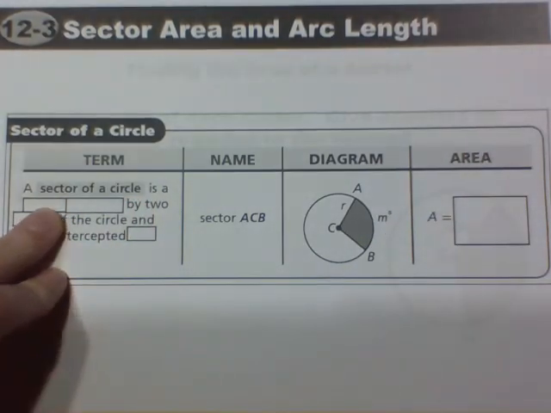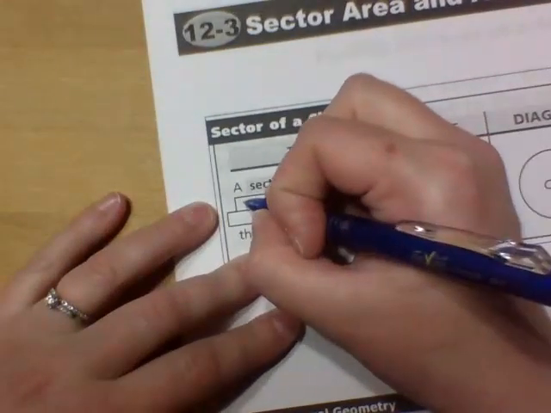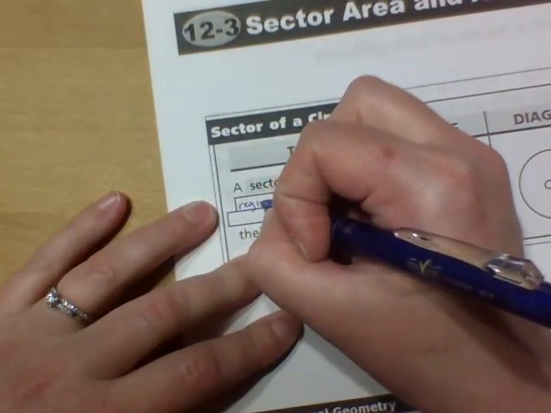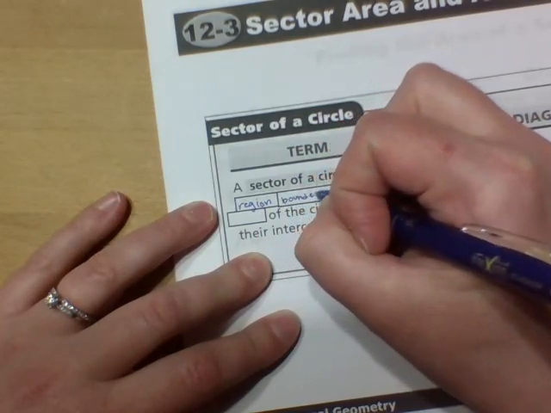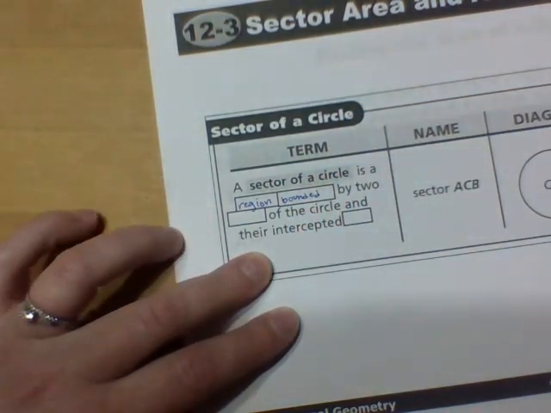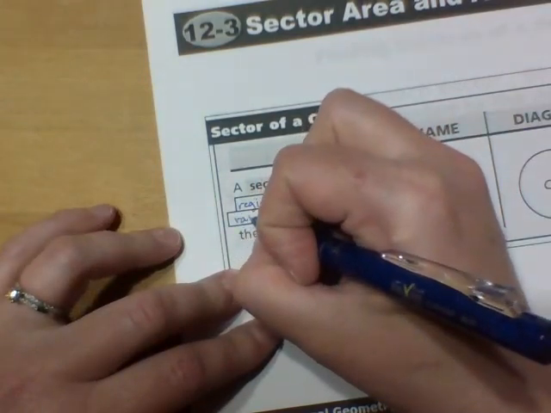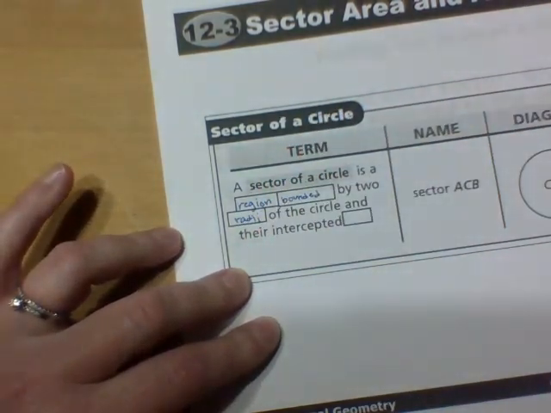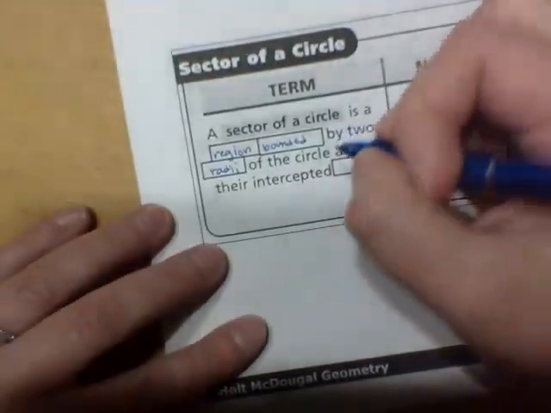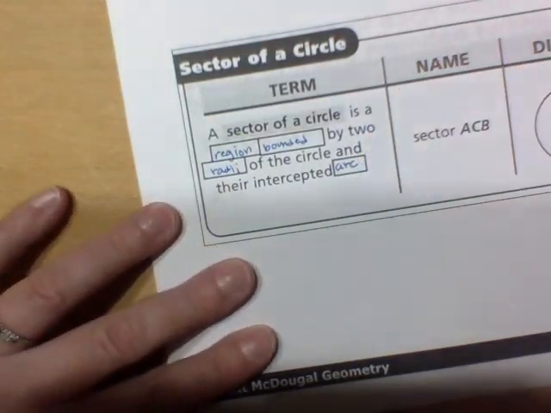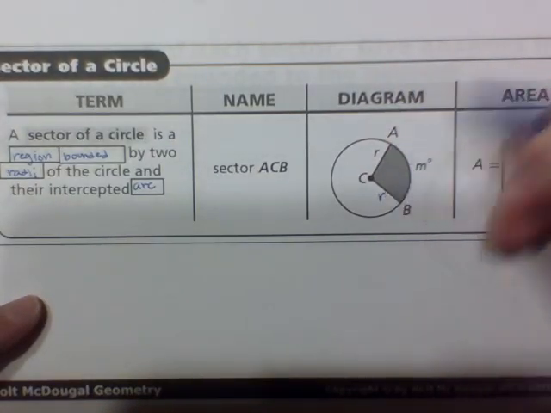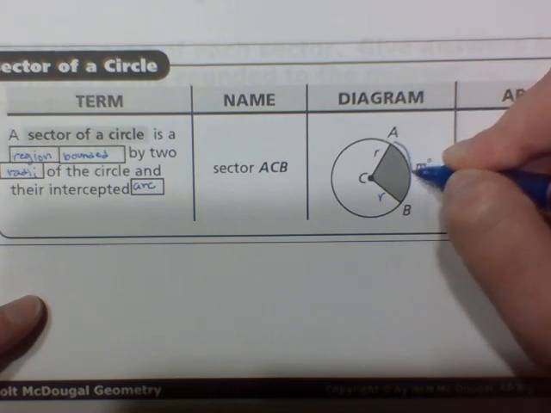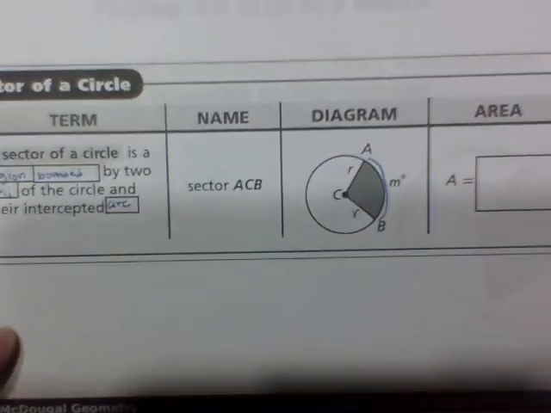But officially, it is a region that is bounded by two radii. So those are the sides of the pie piece of a circle and their intercepted arc, which is like the crust of the pie piece. So again, radius here, and your intercepted arc. Okay.